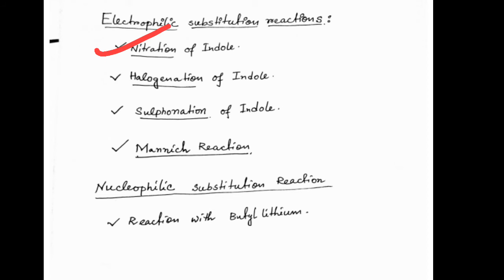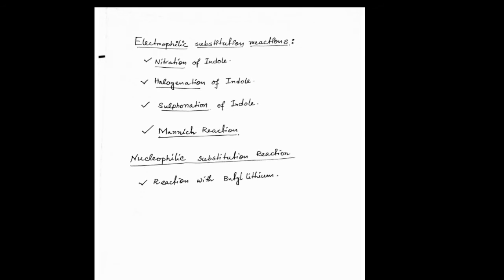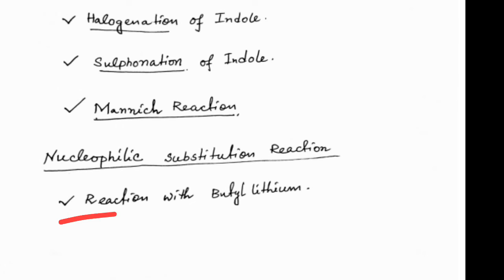At first, we will discuss the nitration of indole. Next, halogenation, which is the most common reaction. Third is the sulfonation reaction, and fourth is the Mannich reaction, a specific named reaction. Among the nucleophilic substitutions, we will discuss today only the reaction with butyl lithium.